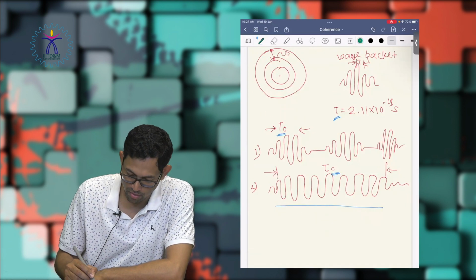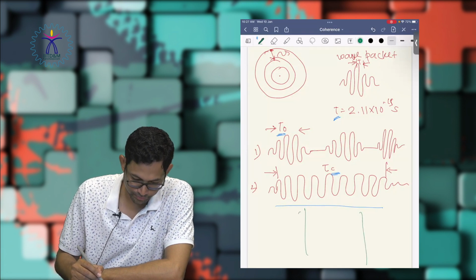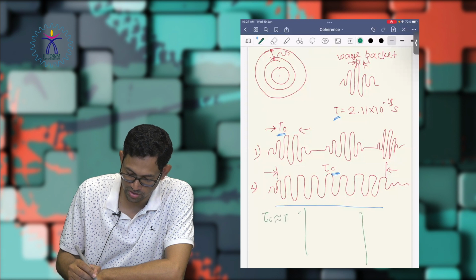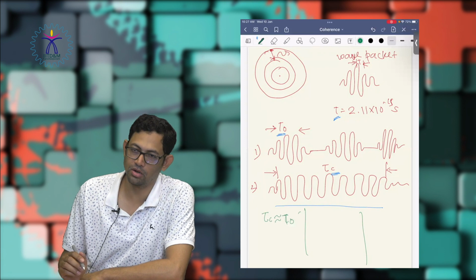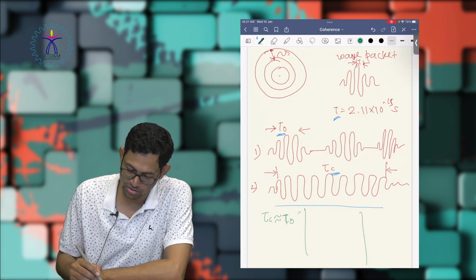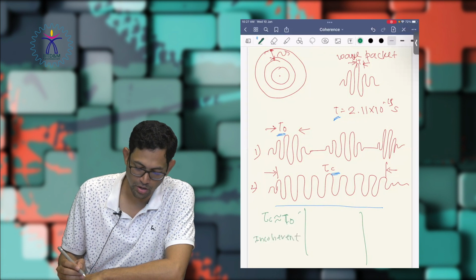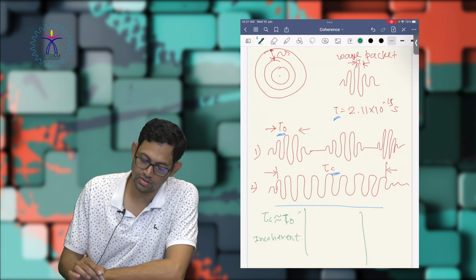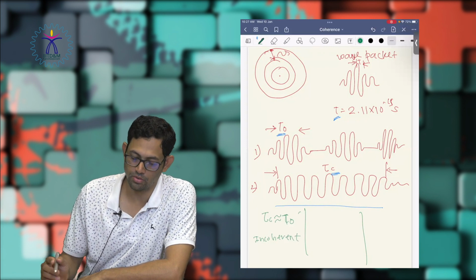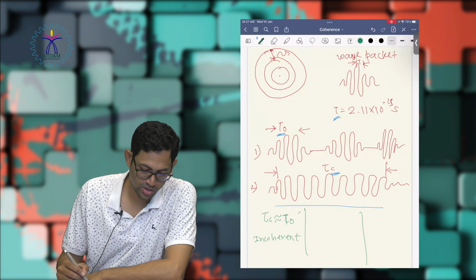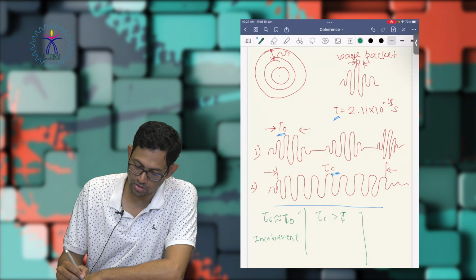For example, there could be a case where tau c is approximately equal to t naught. In that case it is called incoherent. That is the first case, where tau c is approximately equal to t naught. Now there could be another case where tau c is greater than t naught.